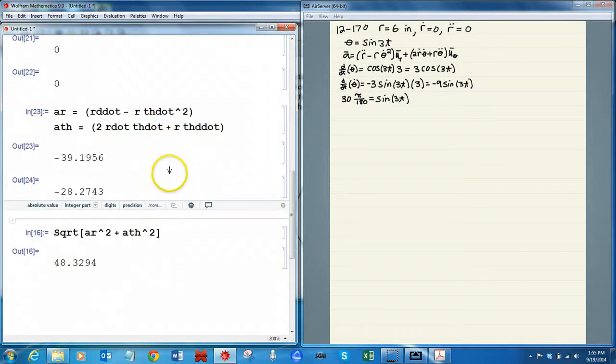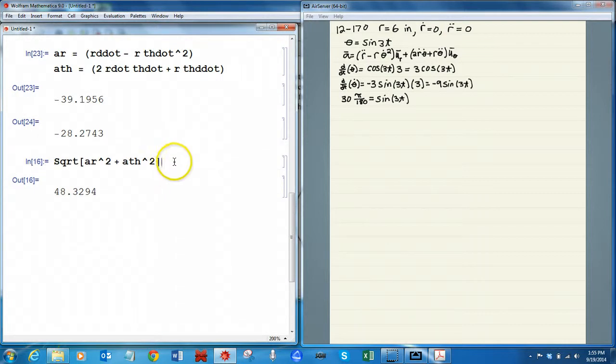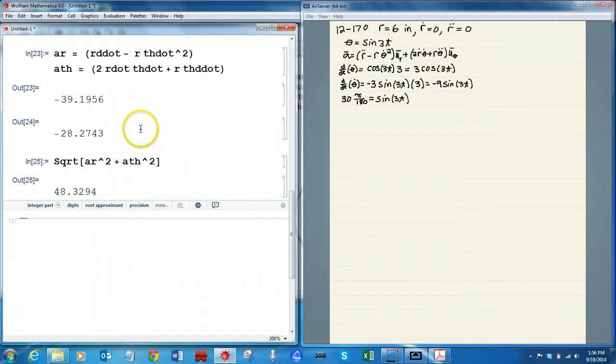See, these are the values that I get. And then they're looking for the acceleration, or the magnitude of the acceleration. It wasn't real clear in the problem, but when I looked at what the author was really looking for, he wanted the magnitude. So here's the magnitude. It's the square root of the sum of squares, which ends up being 48.33, and this would be inches per second squared.